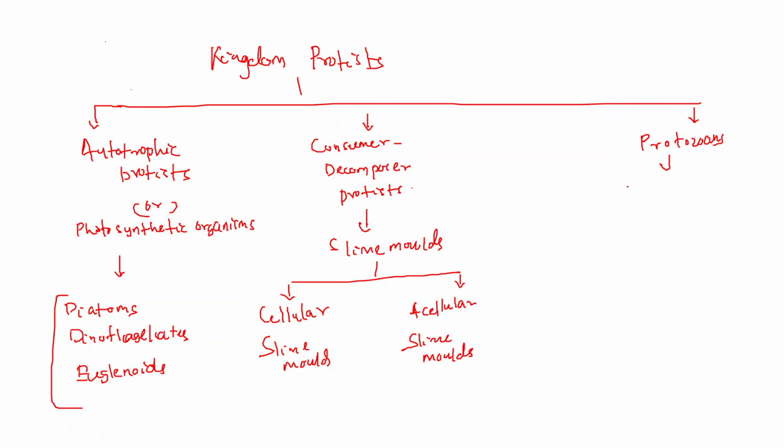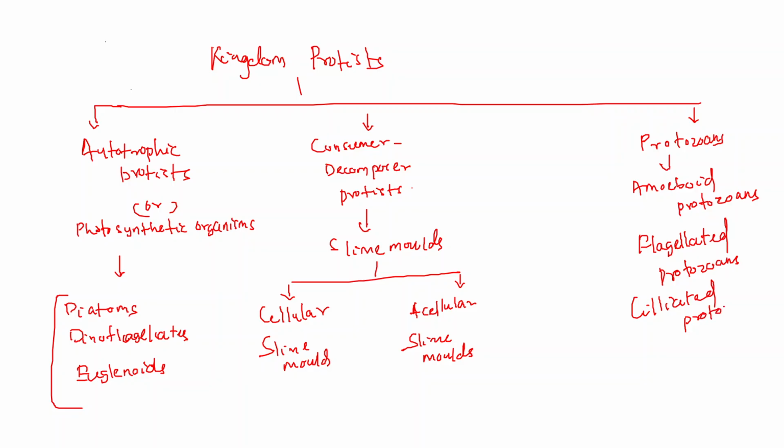Those are amoeboid protozoans, flagellated protozoans, ciliated protozoans, and the next one is the sporozoans.